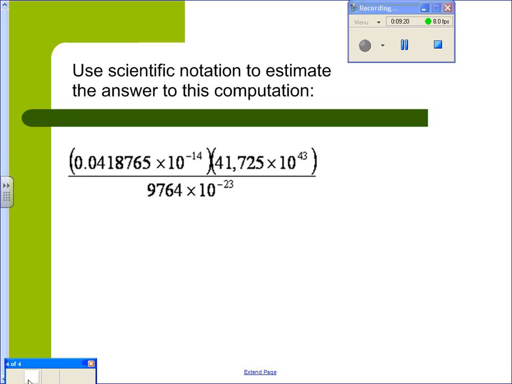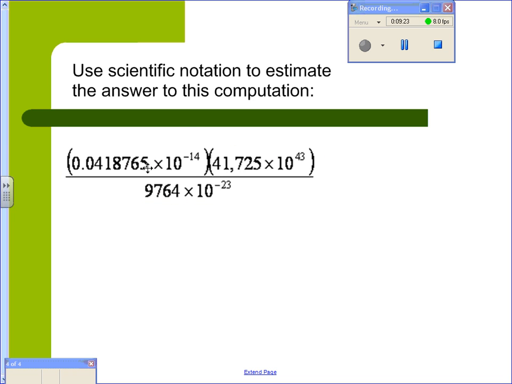Do you need this 8765 here? A positive 43 on the numerator and a negative 23.